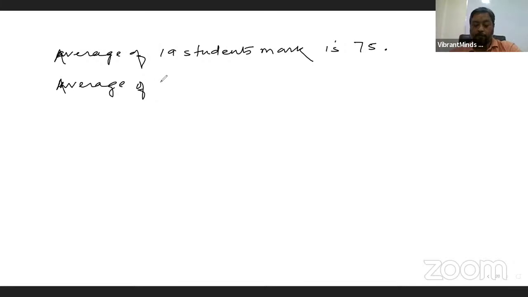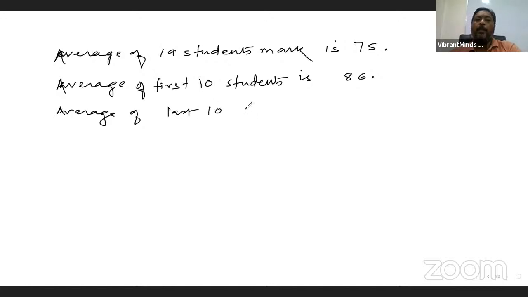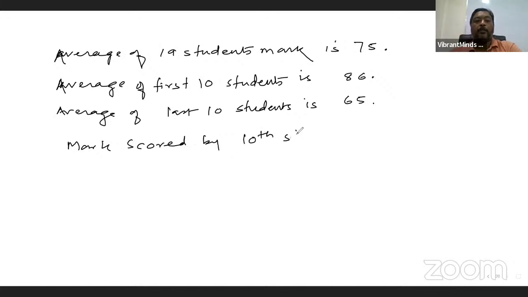Average of first 10 students is 86. Average of last 10 students is 65. Find the mark scored by the 10th student. Now understand.